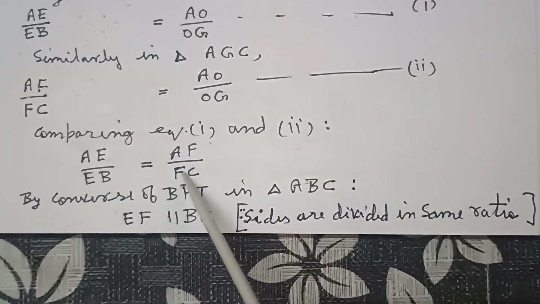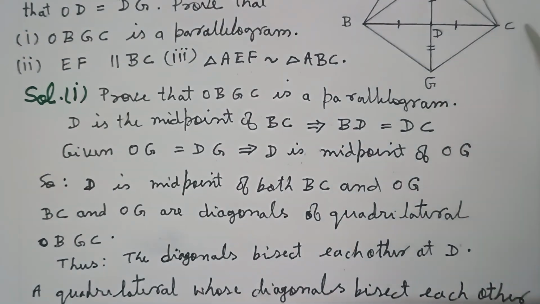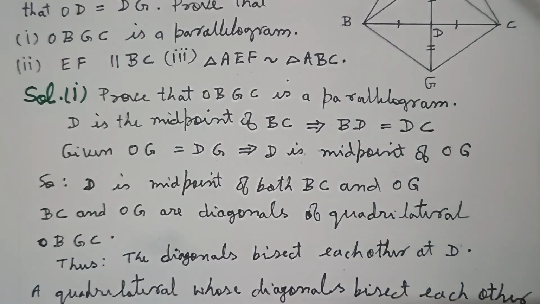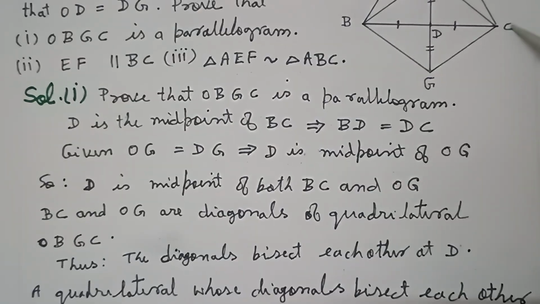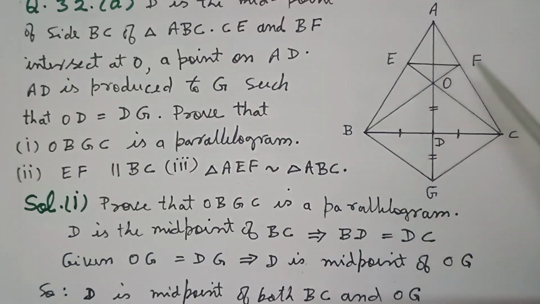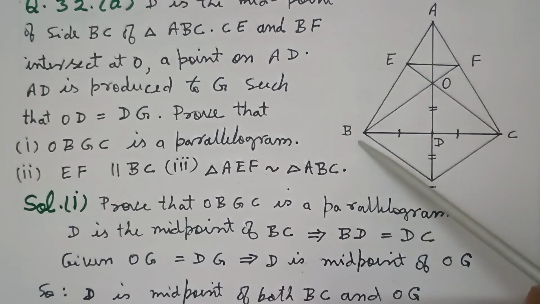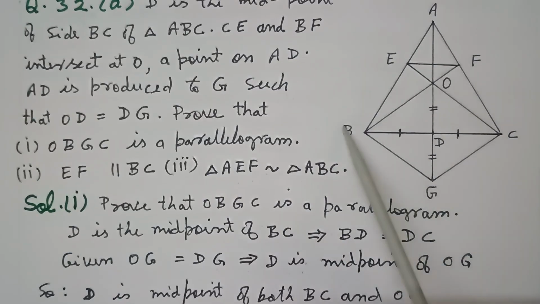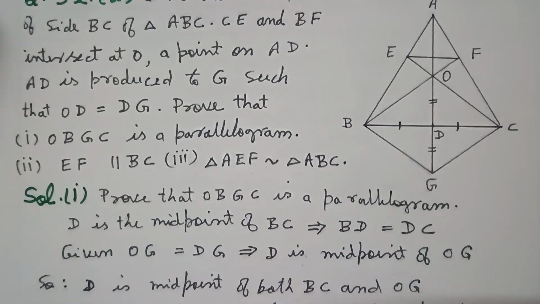Now look at these ratios in triangle ABC. In ABC, AE upon EB is equal to AF upon FC. So by the converse of the basic proportionality theorem, EF is parallel to BC.